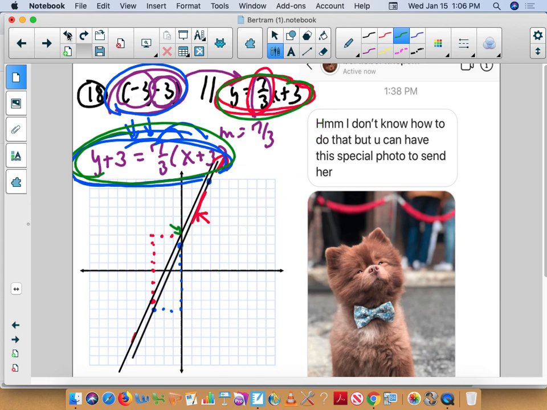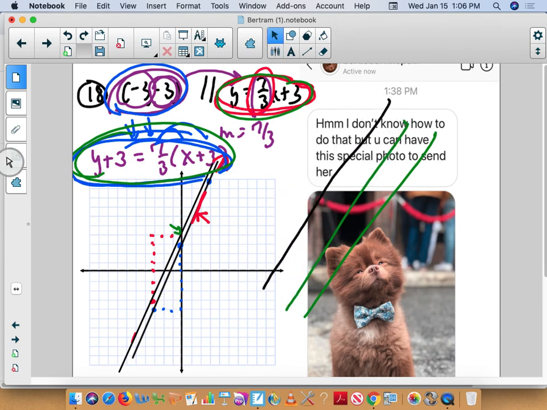Let me draw it somewhere else. They gave you an entire line with a slope, and then they wanted another line that was parallel to that line. How many lines in the world are parallel to the line that you're given? An infinite number, right? How will you know which one they want? They've also got to give you a point to go through. So that's what just happened. There are two different lines, one's parallel to the other.